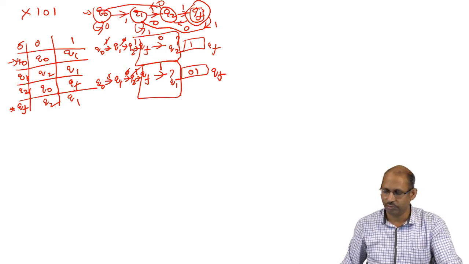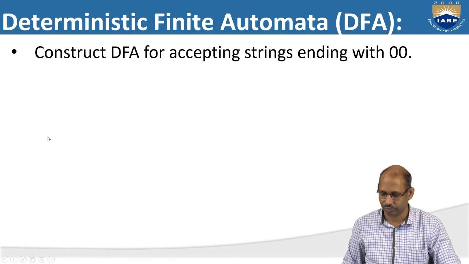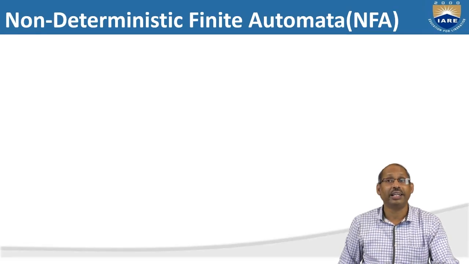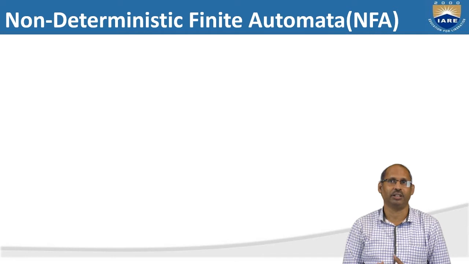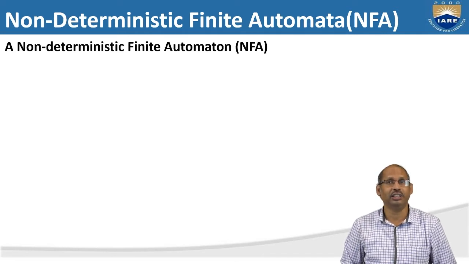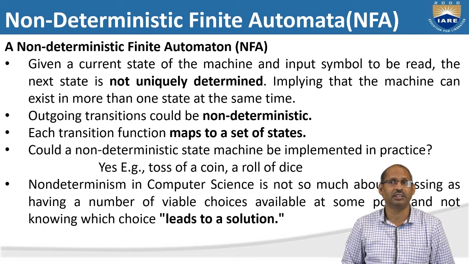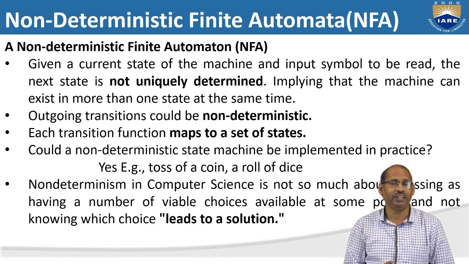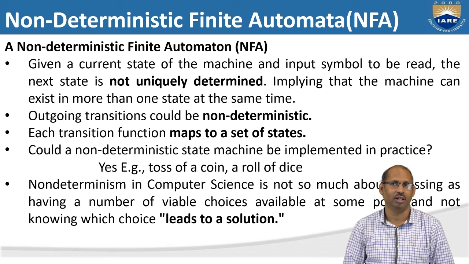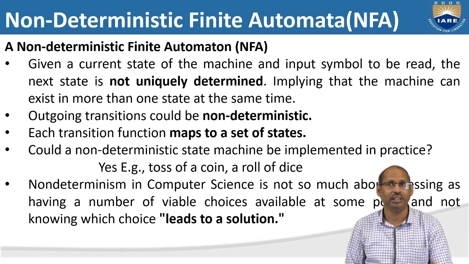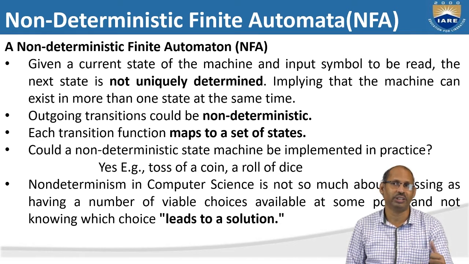Next comes the non-deterministic finite automata, NFA. The first difference between DFA and NFA: DFA says that each state on each input symbol should have one and only one output transition. Here, NFA says that there might be 0, 1, or more output transitions.